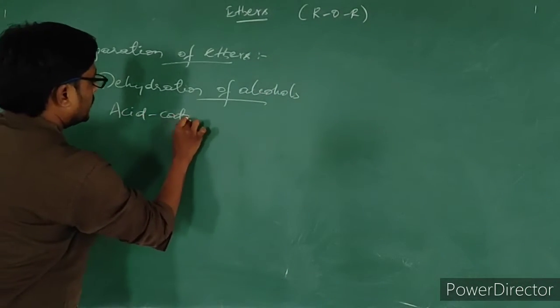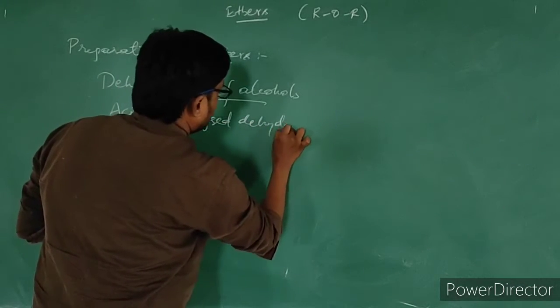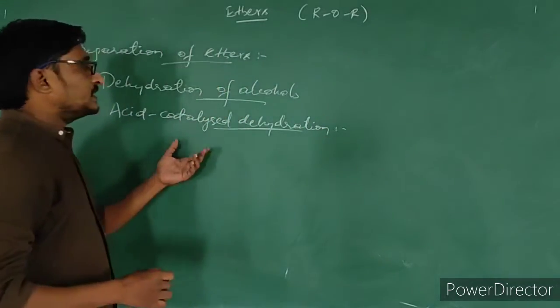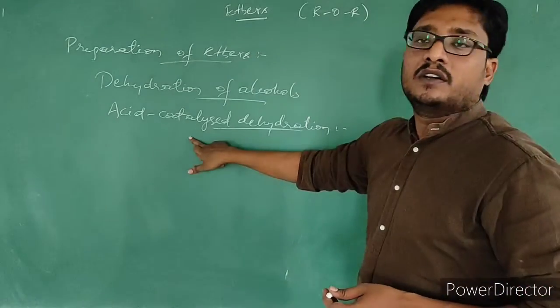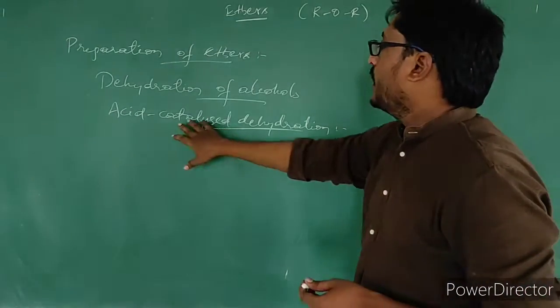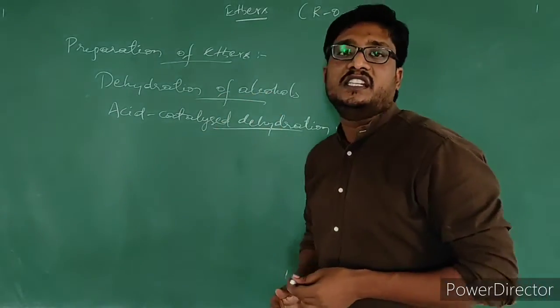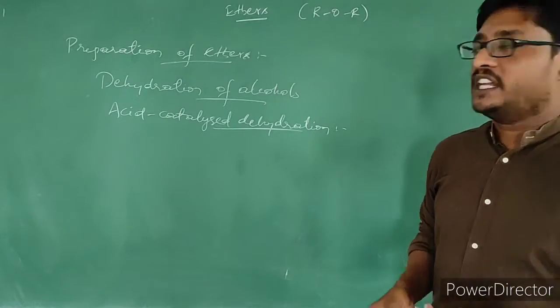Acid catalyzed dehydration. From the word itself you can understand acid is catalyzing the removal of water. That is why it is acid catalyzed dehydration. The acid generally taken in this dehydration process is a protonic acid.